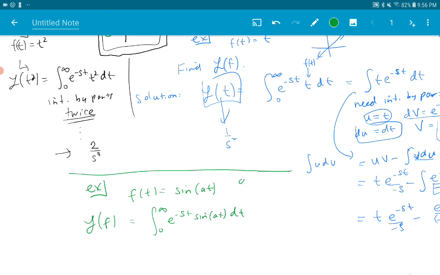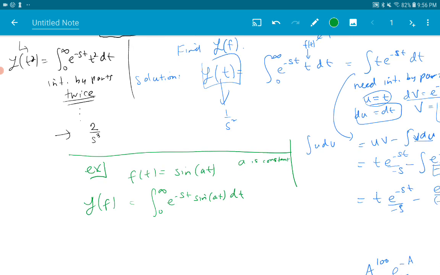A is just some constant. In certain problems you might get a is 2/3 or a is 11, but you want the table to be generic so you can plug it in later. You don't want to have every possible value of a in the table. Your table would be too long.